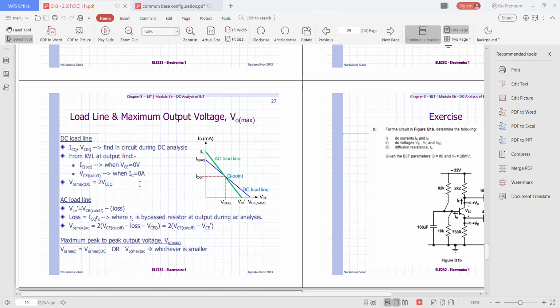When you have found the equation for IB and substituted, you get IC equals what? After you put IC equals 0, then you can get VCE at cutoff. So Vout DC is equal to 2 VCEQ. That is referring to the DC load line.